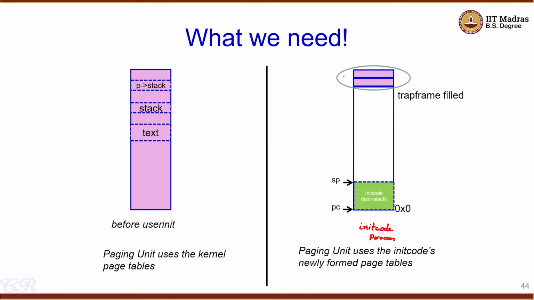Rather, it first starts executing at this point where we have the trampoline, right. Now the trampoline has multiple functions. One is called the trampoline itself, the other is called userret. So the userret function is present at this particular point, right.